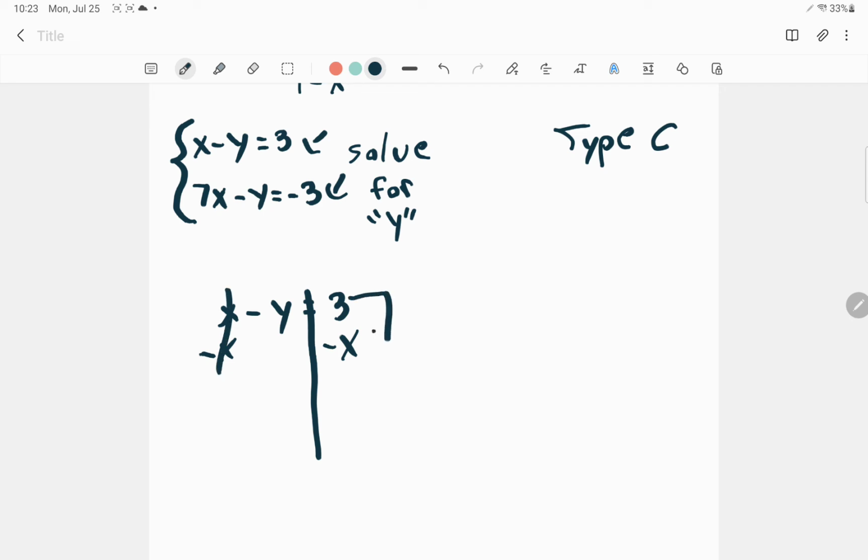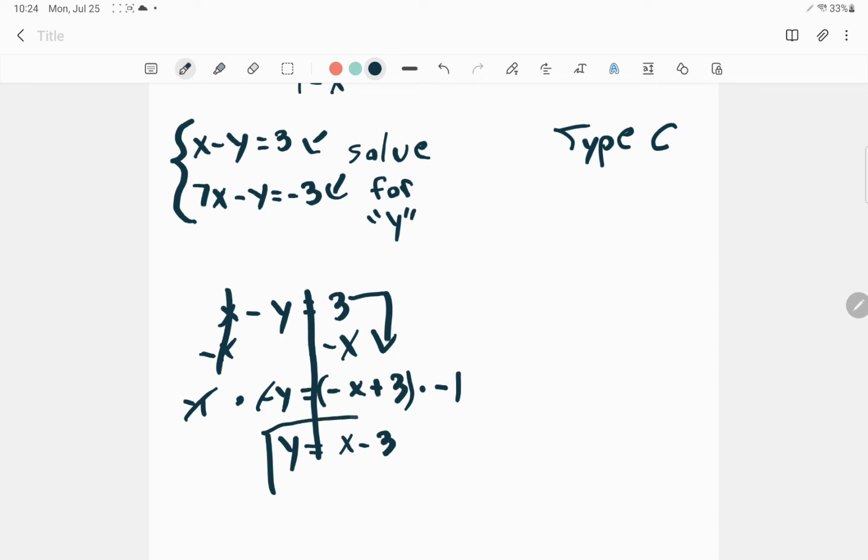I'm going to bring the 3 down, right? I'm going to have negative y is equal to negative x plus 3. Now, in order to get rid of the negative, you always multiply by a negative 1 or divide by negative 1. Doesn't matter. You can use whatever. Okay, so the negative is going to cancel the negative in front of the y. So now I have y is equal to x minus 3. That's my first equation. That's my answer for the first one.